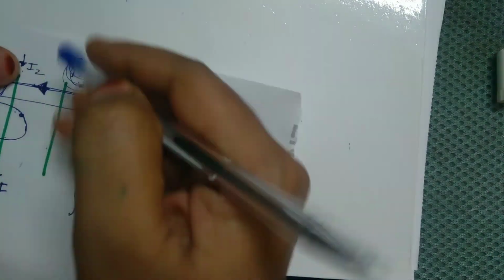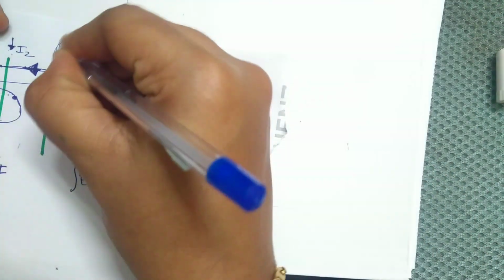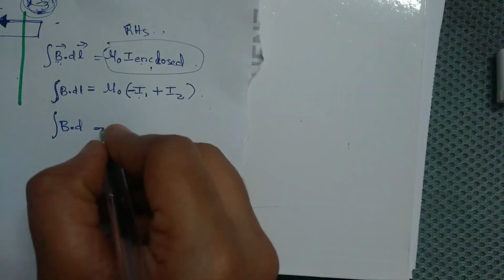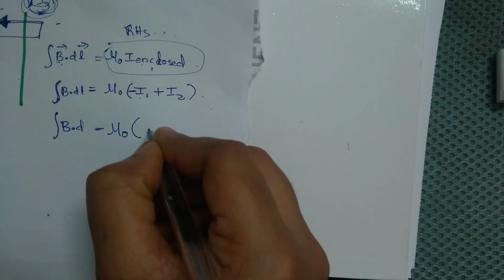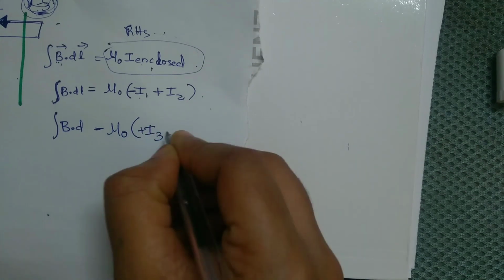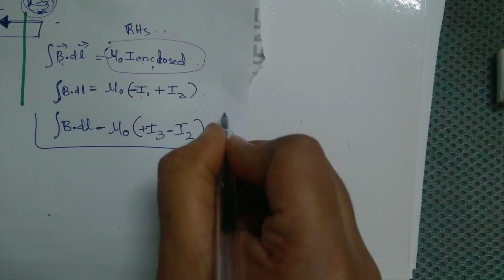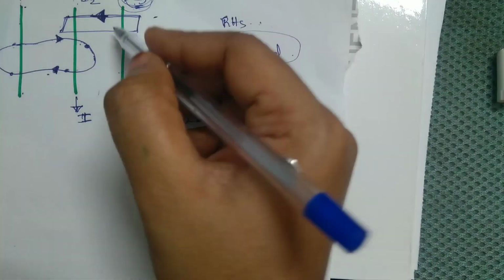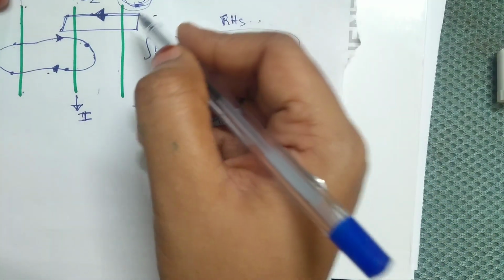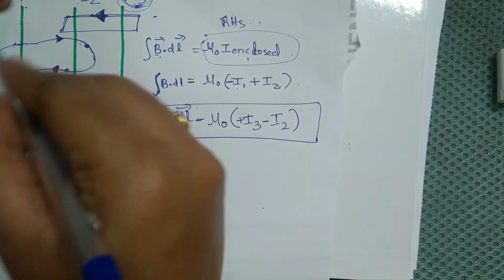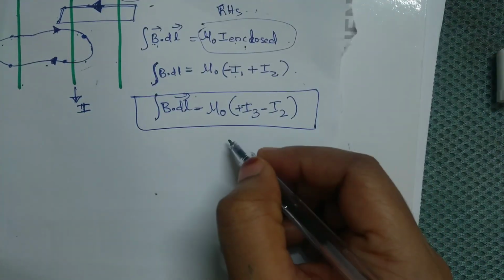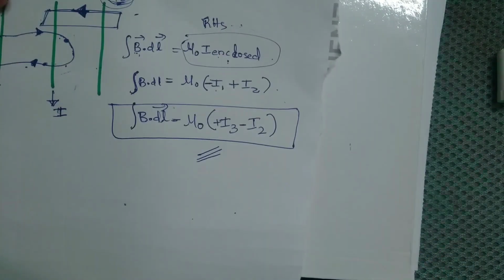So this will be the direction of your current. Therefore, it is mu naught into I3 positive and minus I2. This is how you have to write Ampere circuital law. If it includes a number of currents, then it depends on the loop you have selected. Hope you have understood the Ampere circuital law.